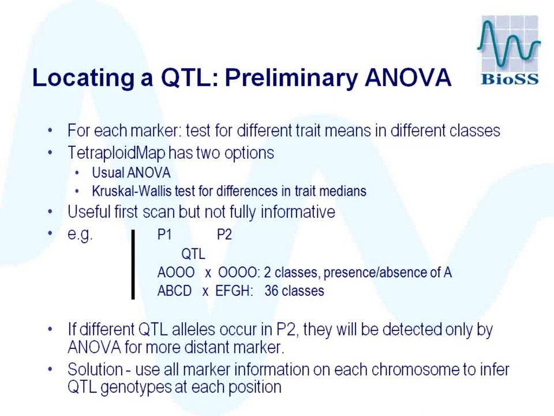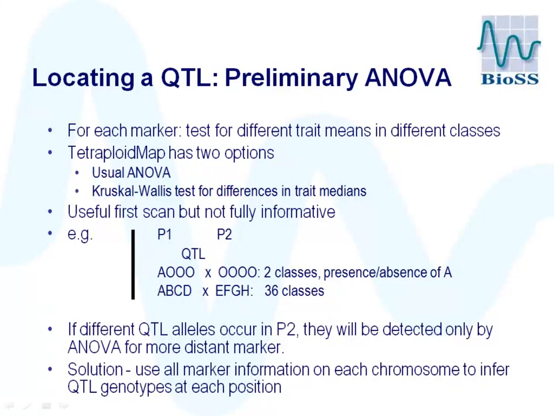It's not completely informative because the different markers may have so much different information about what's going on. If you look at a diagram like this, if that's the chromosome, then you have a QTL in the position here, and next to that you have a simplex marker that's present in parent 1 only, and then you have next to it a fully informative marker with 8 different alleles.